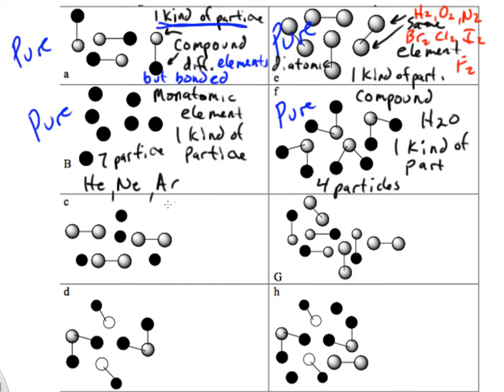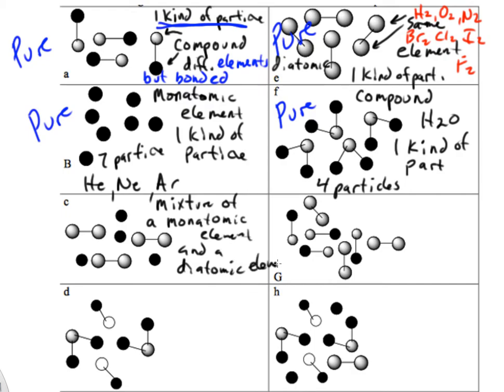Okay, now here we would have a mixture. This would be a mixture of actually of two elements, of a monatomic element and a diatomic element.